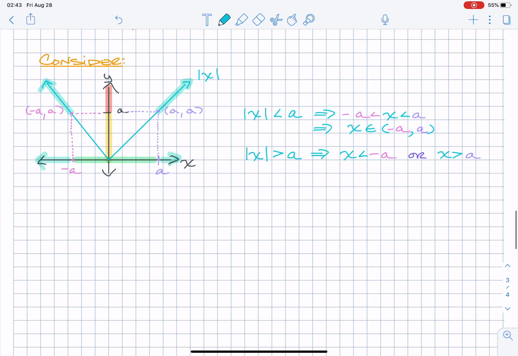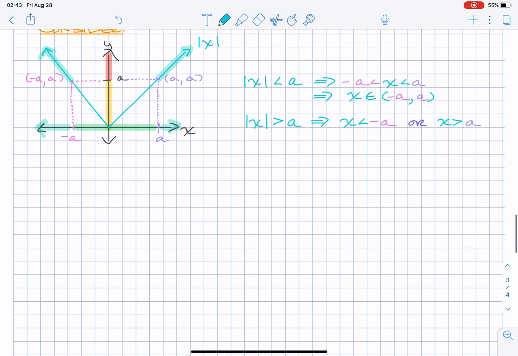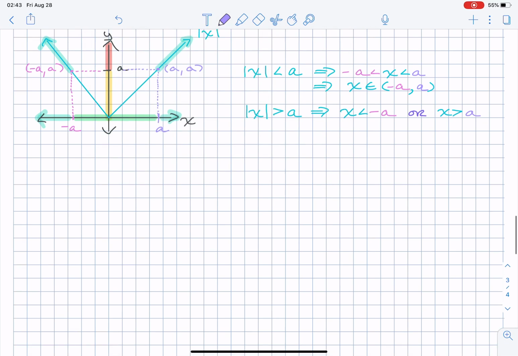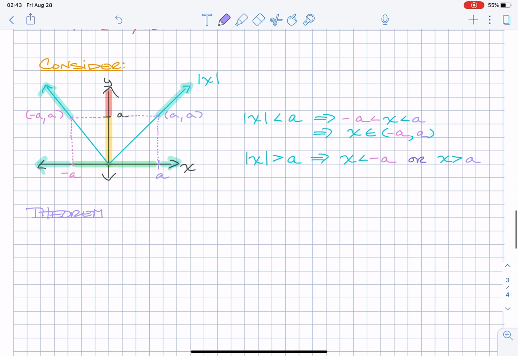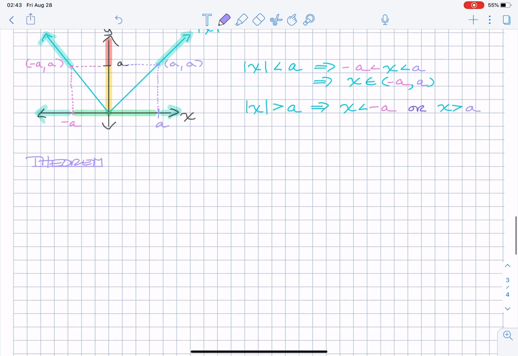So I'll give you a theorem instead, which explains this. If you don't understand the picture, we can just use the theorem, but hopefully you're getting the picture. That would be nice.